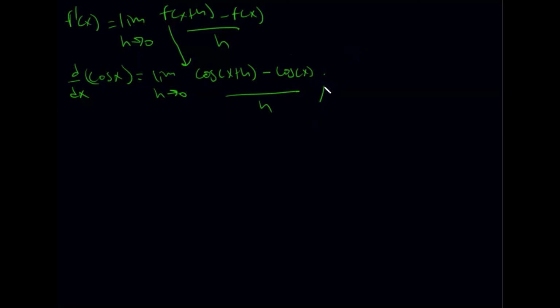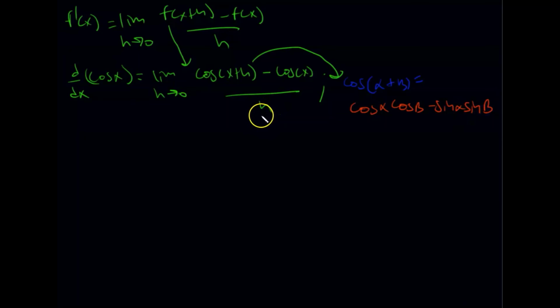And almost identical to what we did in the sine example, this right here is an identity. This is the cosine addition identity, that says that cosine of alpha plus beta equals cosine alpha cosine beta minus sine alpha sine beta.